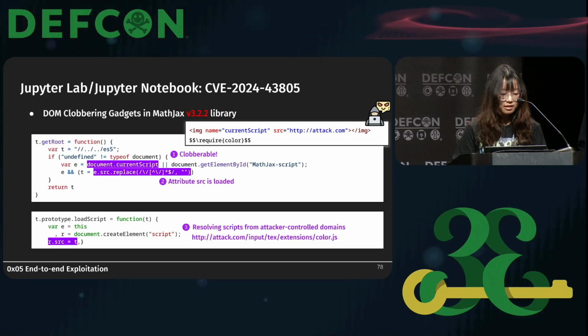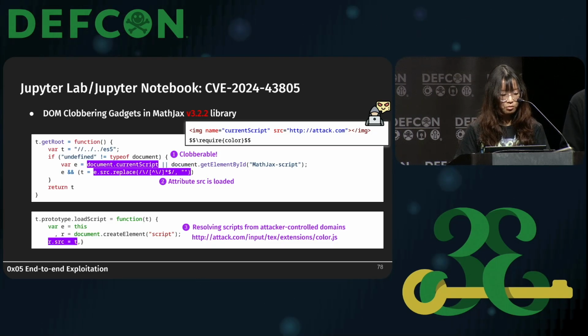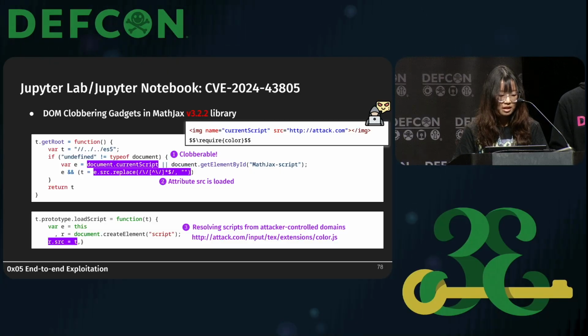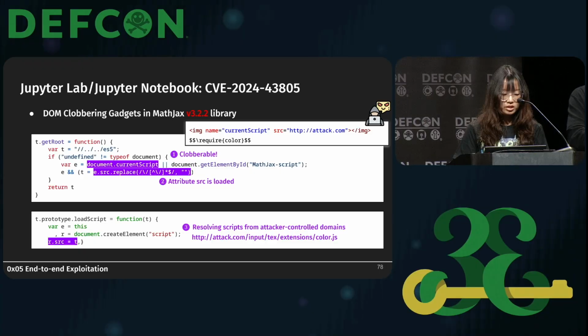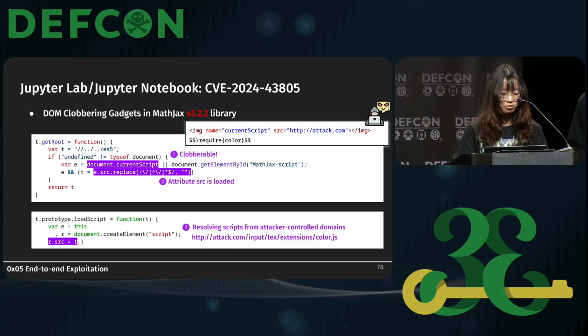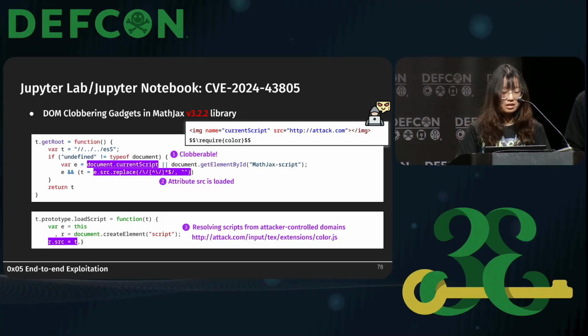Further, in version 3 of MathJax, there is a global element called document.currentScript. Later, document.currentScript's src attribute is read, and with some regular expression replacement operation, a string from the payload is retrieved, and then finally that variable t is assigned to r.src, which is the src attribute of a script element in the page. That also causes loading scripts from the attacker's domain.